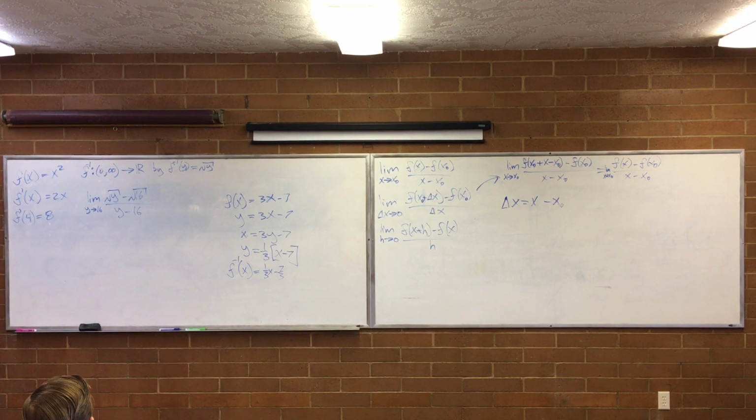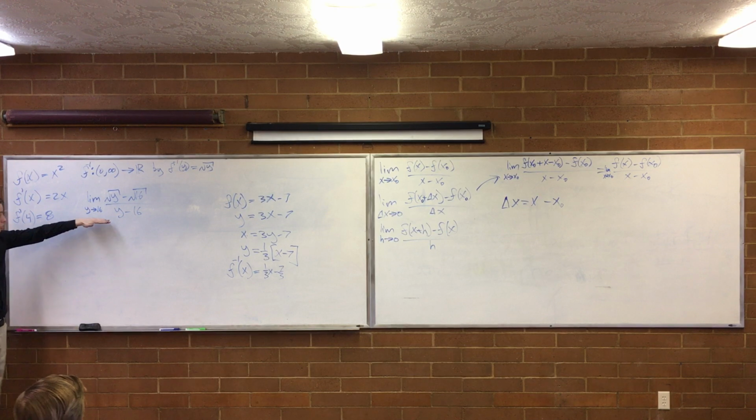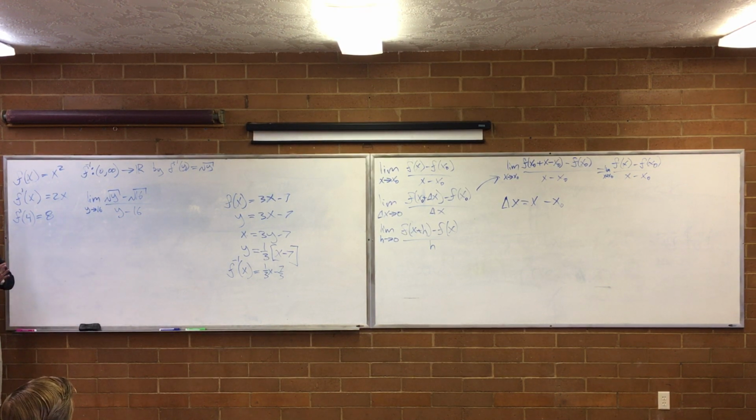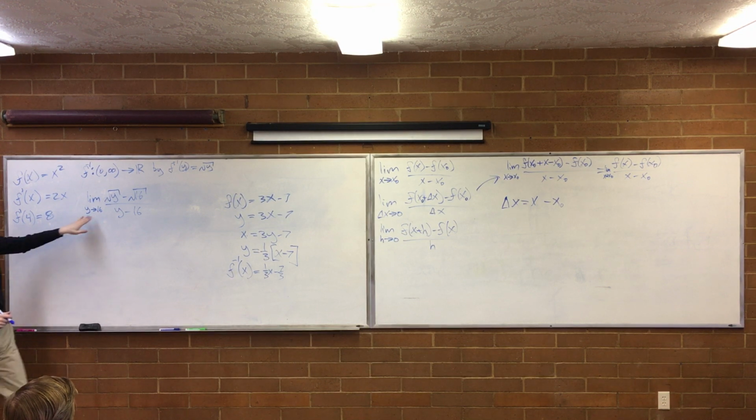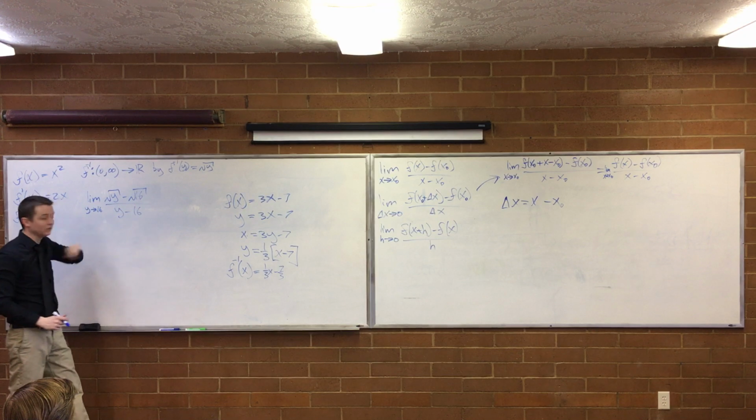That's the definition of the derivative of this thing, right? So we're just going to evaluate this and it better come out 1/8. Inverse prime. Otherwise we screwed up. This is the derivative of this function at the point 16.